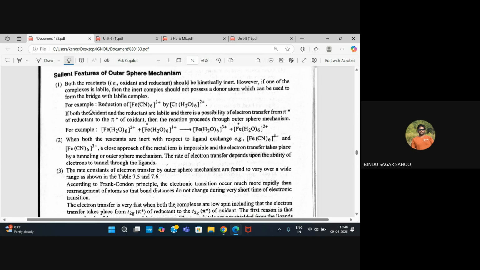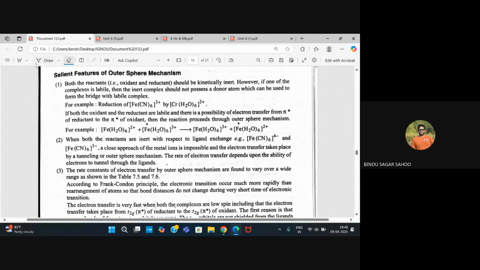He is saying that if both the oxidant and the reductant are labile, there is a possibility of electron transfer from pi star to pi star of the oxidant, and the reaction proceeds through the outer sphere mechanism. That means in this particular case, these two are the labile complexes. You can check that the two are labile complexes.